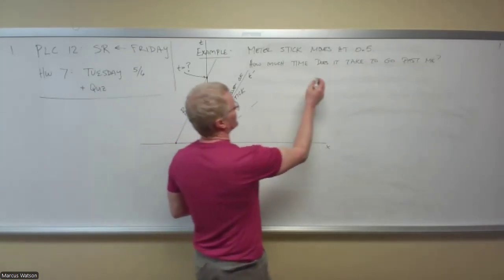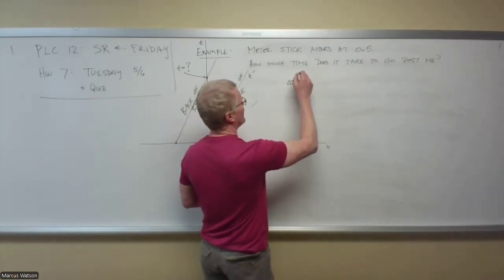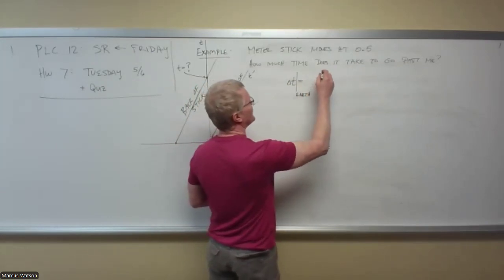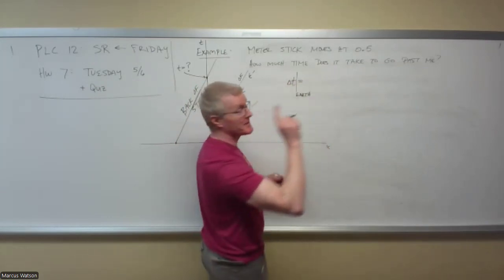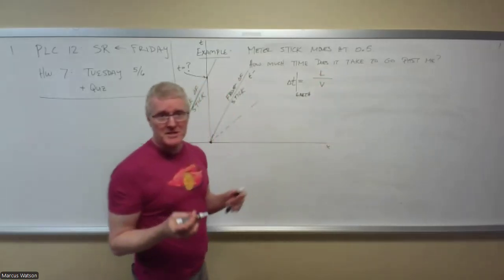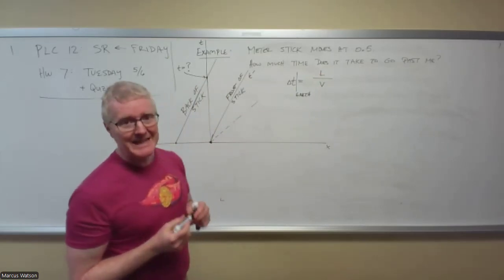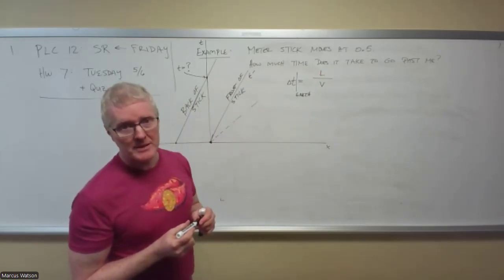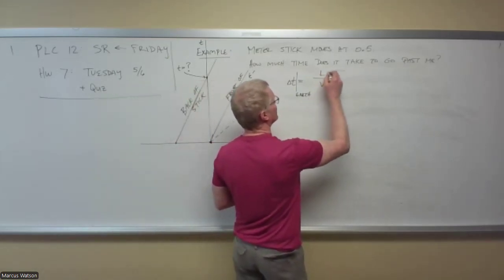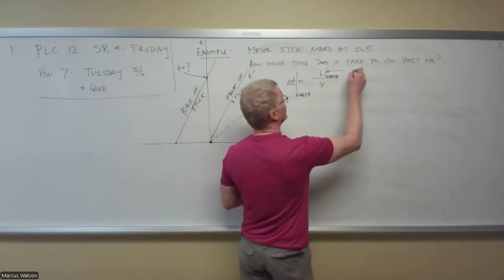So if I want to ask what time it takes for it to go past me, the time as measured on Earth would be equal to the length of the meter stick divided by its speed. We know its speed is 0.5, so that's not a problem. The question is its length, however, is not 1 meter. This is a contracted length. Length on Earth is contracted.